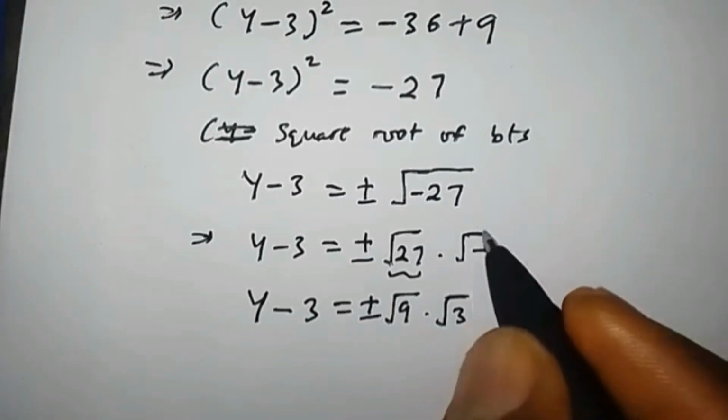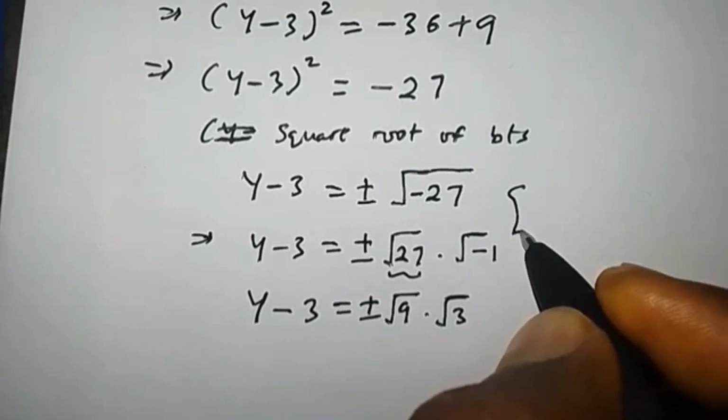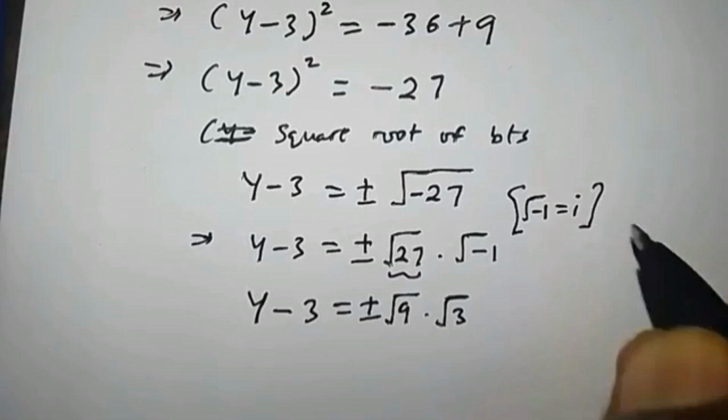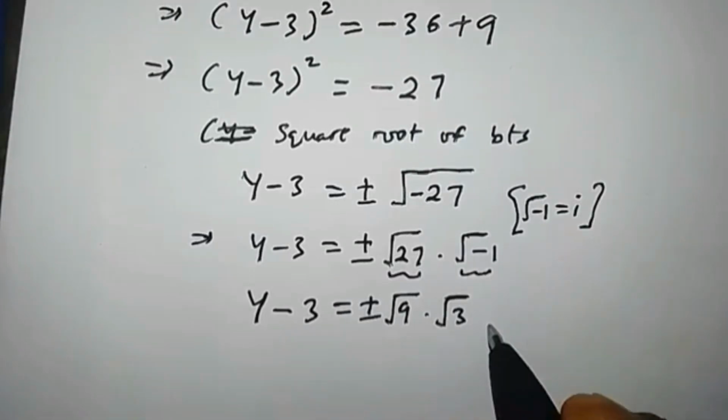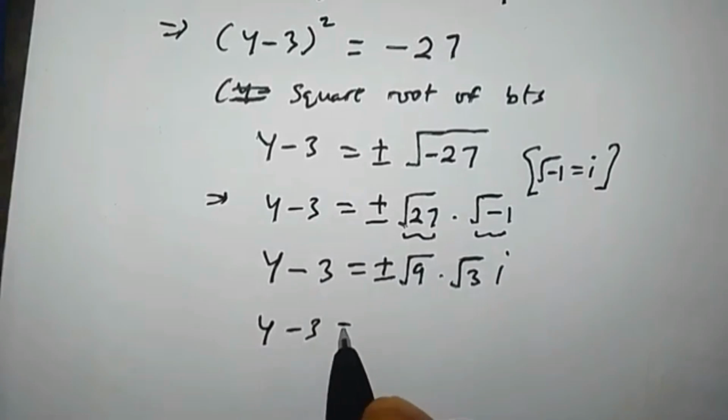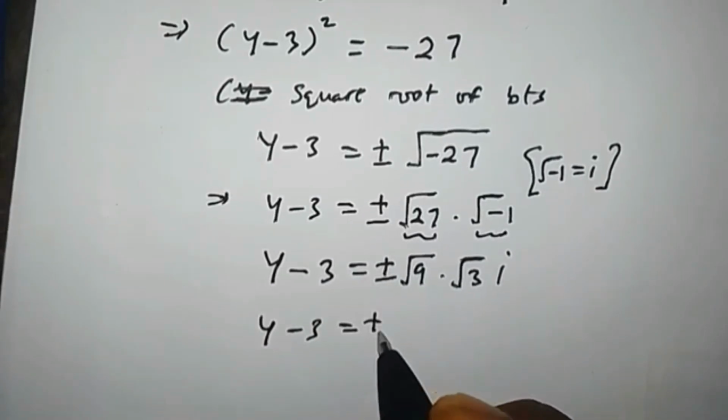But don't forget, from complex numbers, square root of minus 1 equals i. So let's replace this with i.